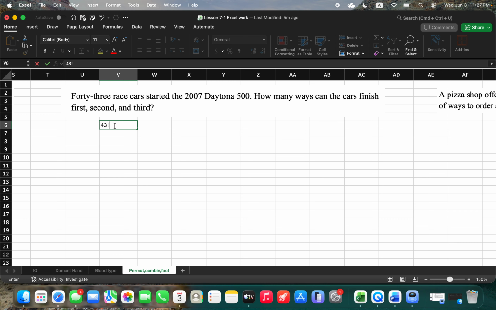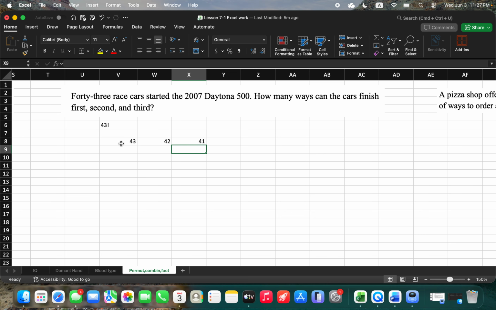But 43 factorial means 43 times 42 times 41 times 40 until 3 times 2 times 1. So which means we can complete all 43 different digits. But we don't care from fourth place to the last place. So in this case we only do 43 times 42 times 41 only. Make sense? Unlike factorial here.